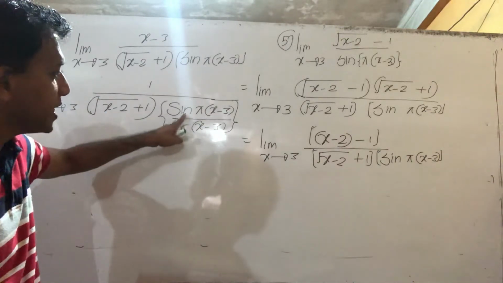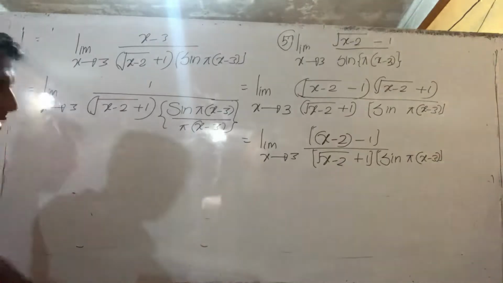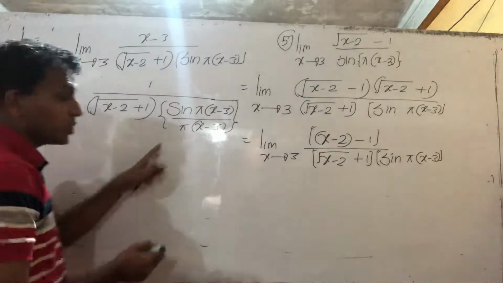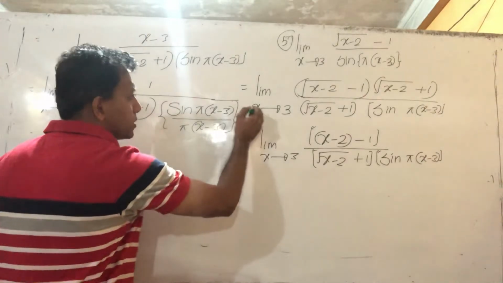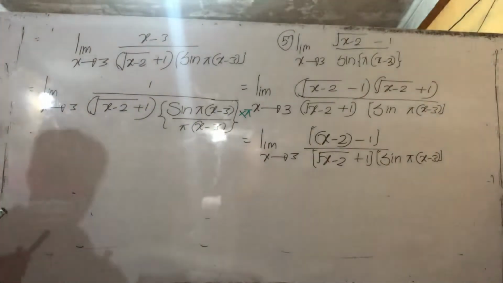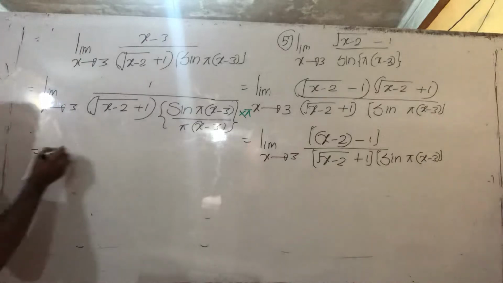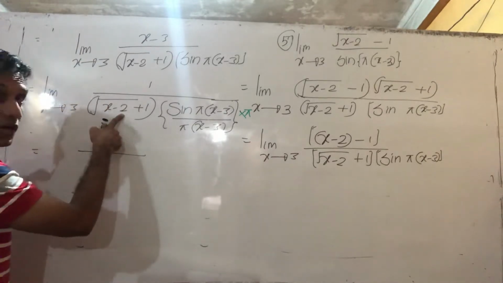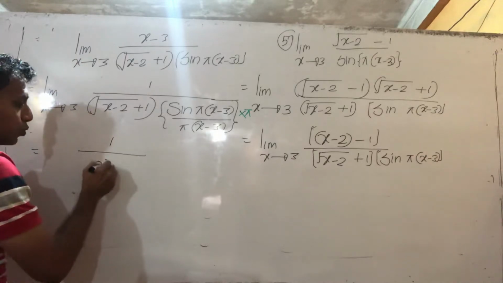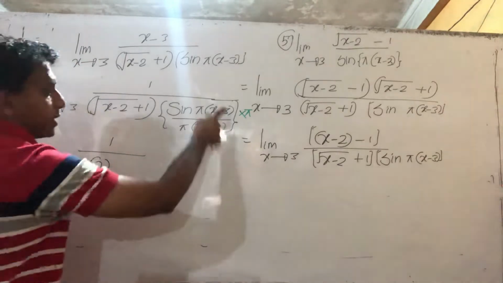Pi is an additional part. It's a division by pi. Therefore, I multiply by pi here. So now check, write the answer. 1 over, put x for 3: 3 minus 2 is 1, 1 plus 1 is 2. And here what is it?